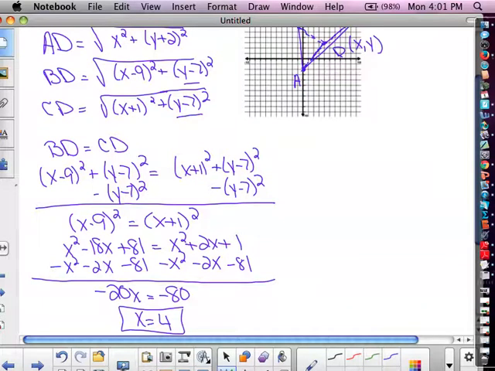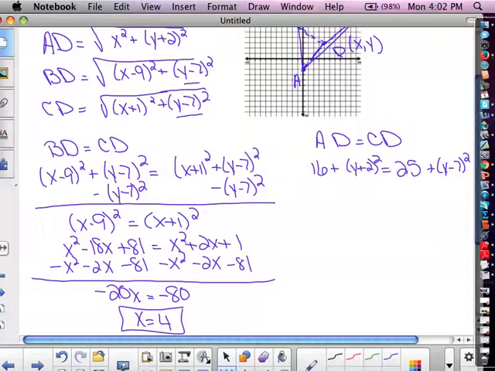Once you find the value of x, pick a different combination of those three equations. I would pick AD equal to CD. This time, substitute in that value that you have for x. So now, AD, my value of x is 4, so that gives me 16 plus y plus 2 squared is equal to, then CD, I have 4 plus 1 is 5, so that gives me 25 plus y minus 7 squared.